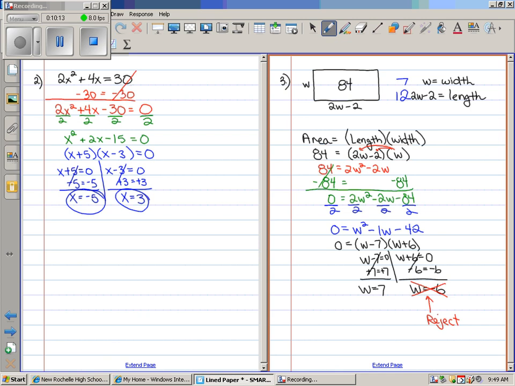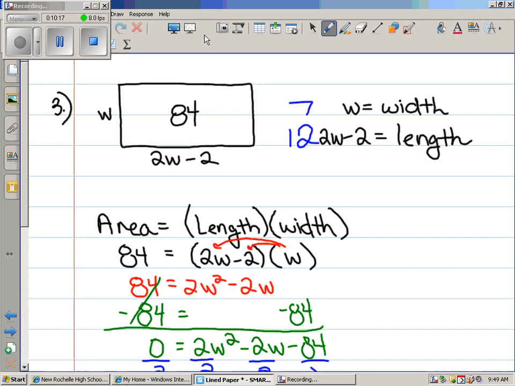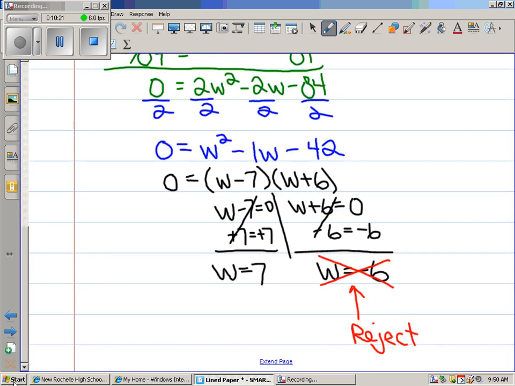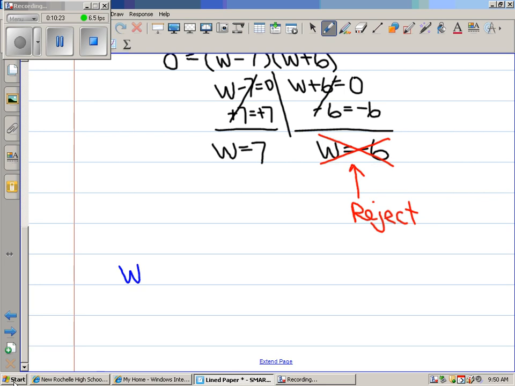Real careful. In fact, I really wouldn't recommend you writing your answers like that because people will miss them. What you really need to do is go like this. I know this is really annoying. The width equals 7 and the length equals 12.